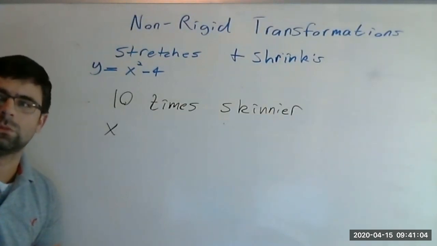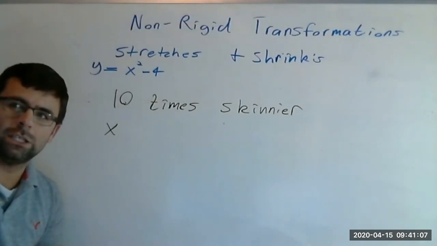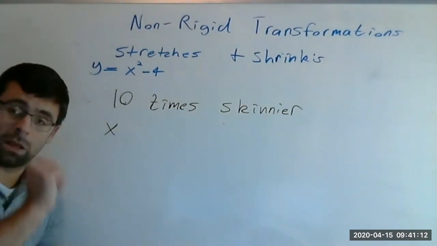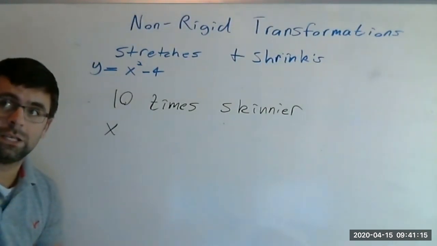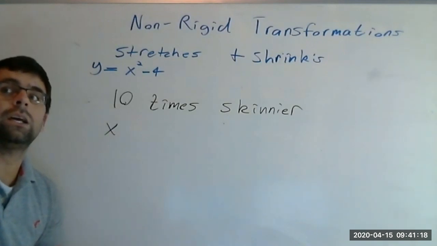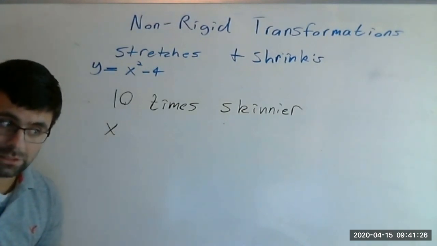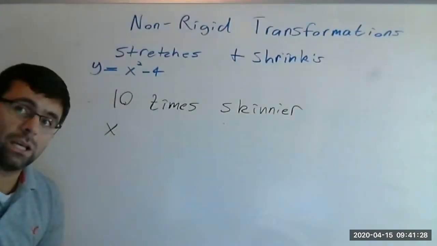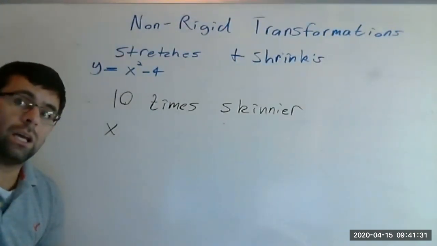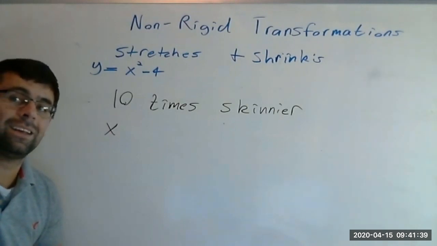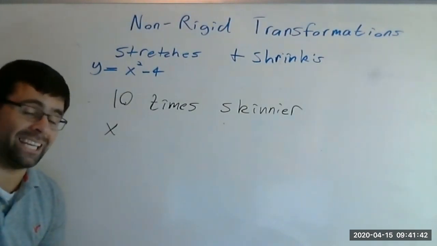Now if something is skinnier, is it bigger or smaller? Is that a word we just don't know? Skinny? What about thin? So if something is skinnier, that means it's smaller.